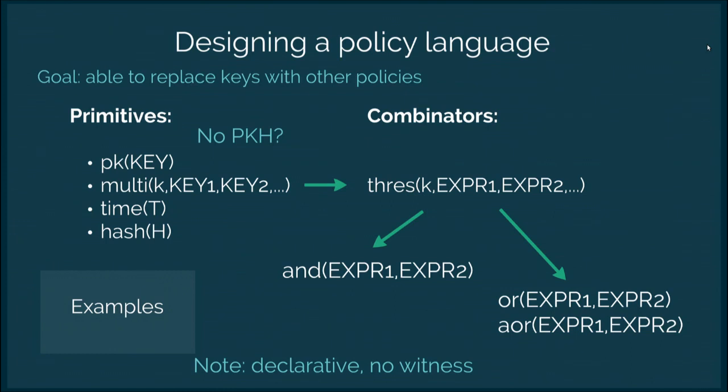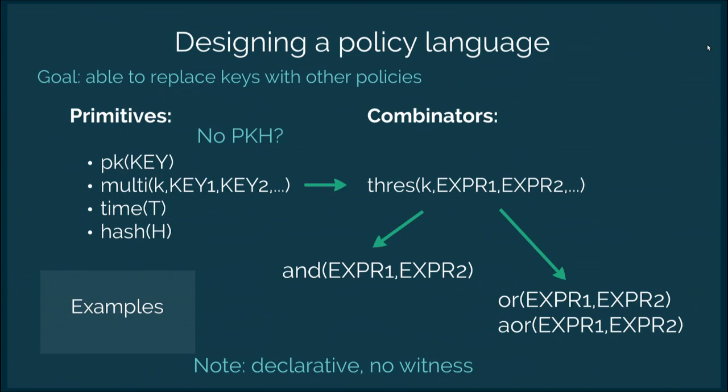And I have 3 specializations for that. One is the AND construction, which is just a 2 of 2 threshold that takes 2 expressions as an argument. And 2 versions of OR.